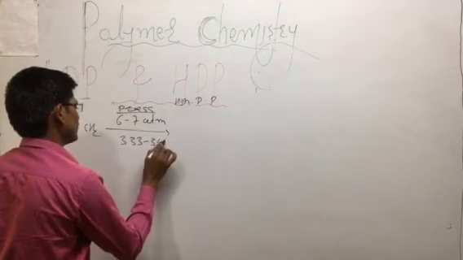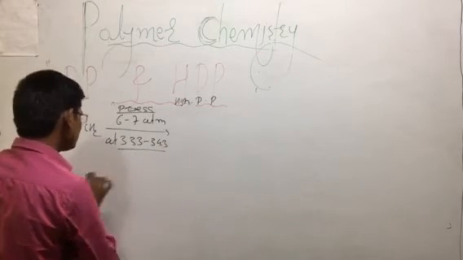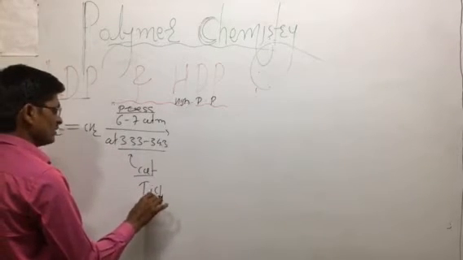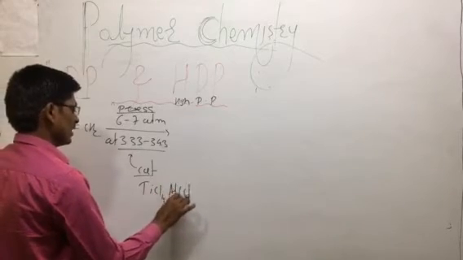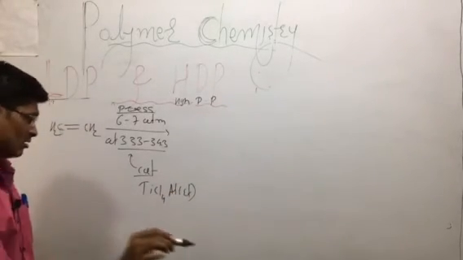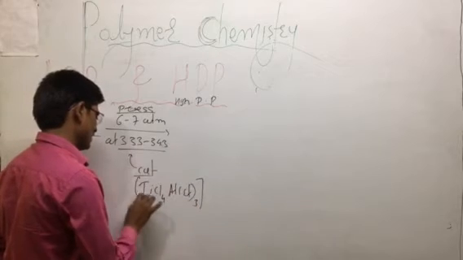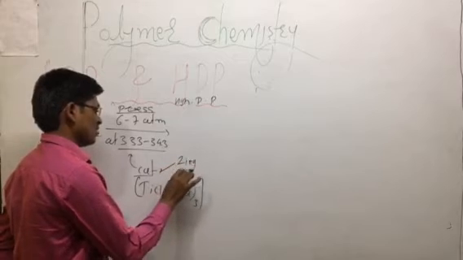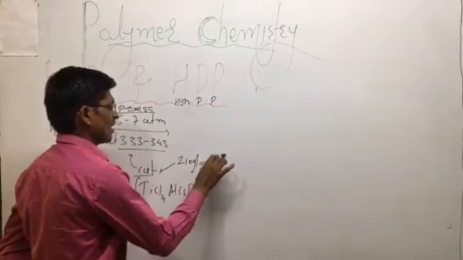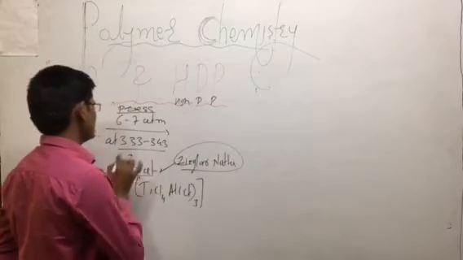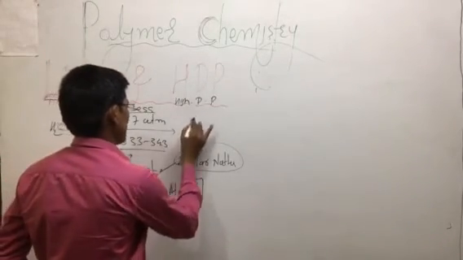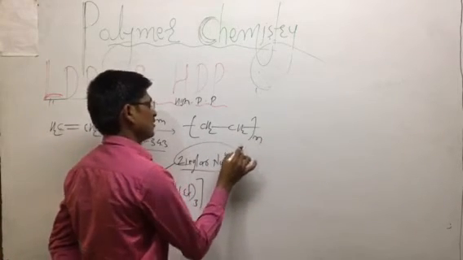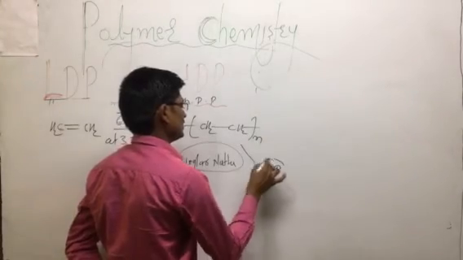Here the most important thing is the catalyst used, TiCl4 and AlEt3. The name of this catalyst is the Ziegler-Natta catalyst. This type of catalyst is used for the preparation, and the product obtained is HDP, high density polythene.